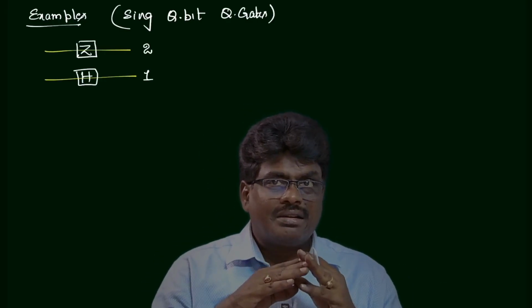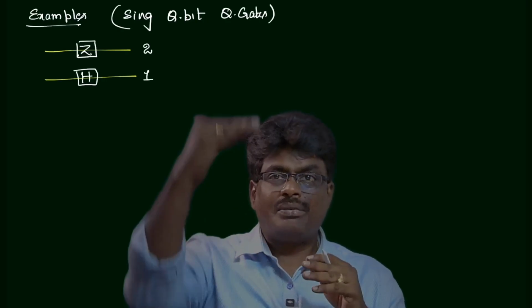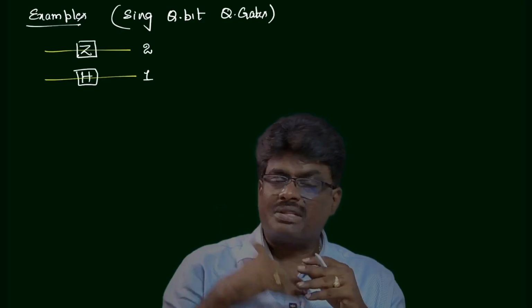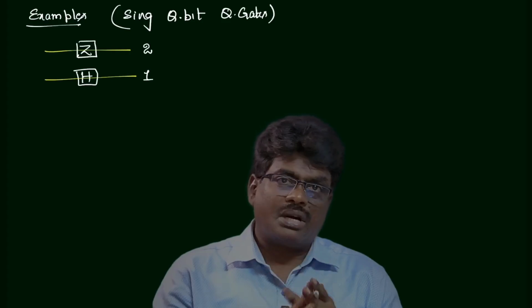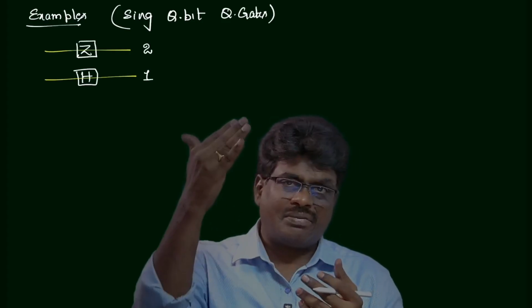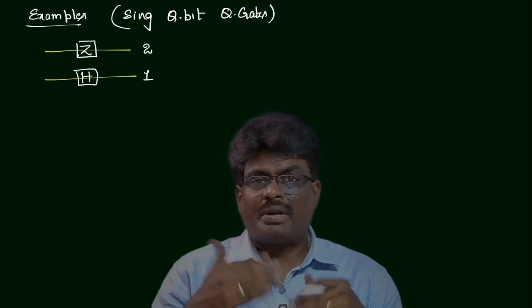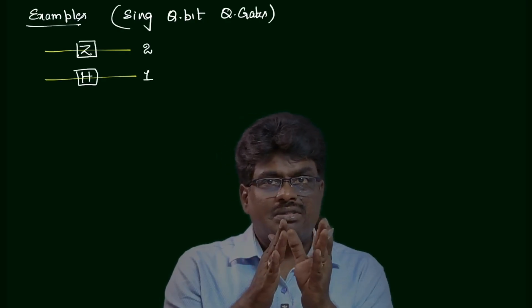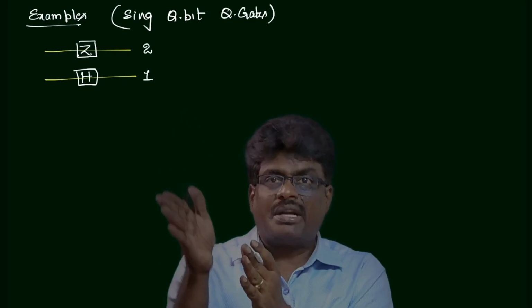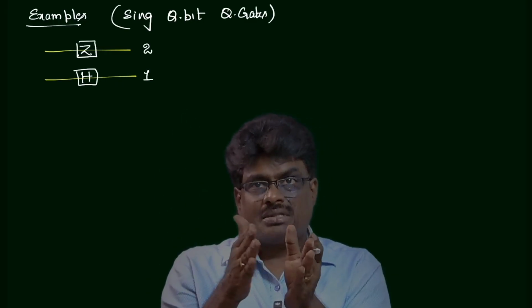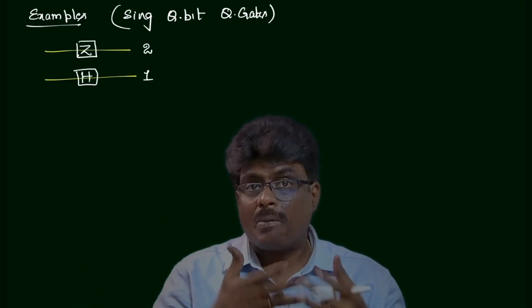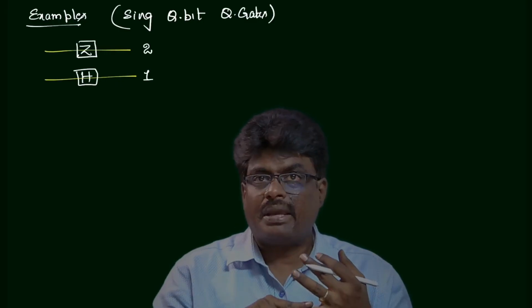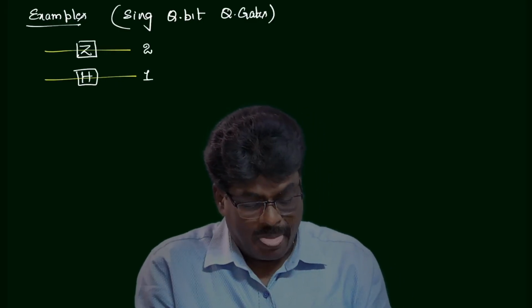Generally, whenever you are taking the tensor product, you will take from top to bottom. But for this operation, it's not a problem. But my advice, please take from top to bottom only, or you can take anything, because the Z you can slide like this. That means Z is operating first. If you just slide H this side, then H is operating first. Here I'm going with the operations, not a tensor product. Okay, so that's it. I can take anything.